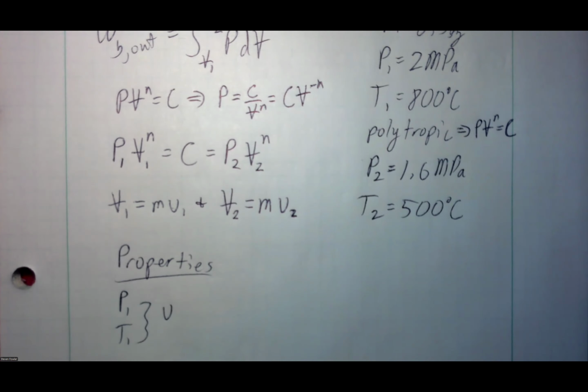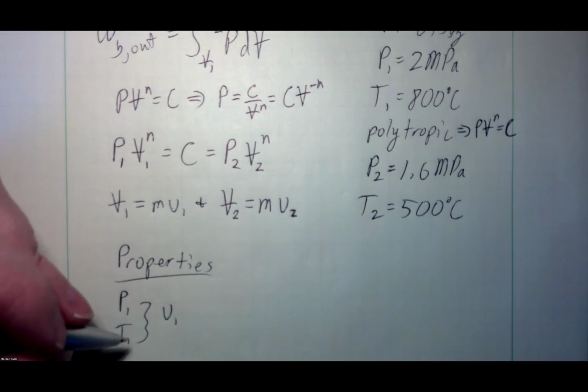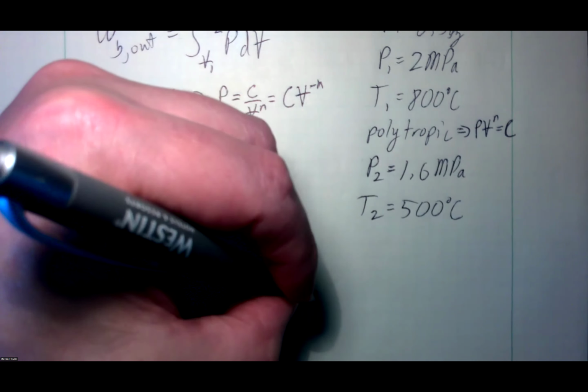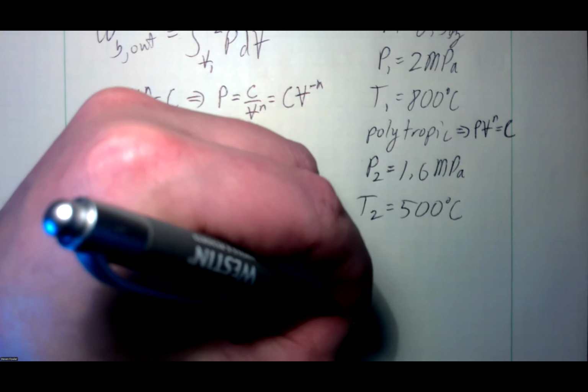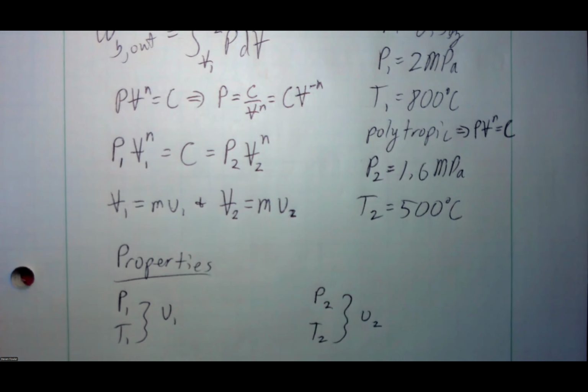So I need V1 based on P1 and T1. And I'm just going to write it over here: based on P2 and T2, I need V2. Now, again, I'm hoping you have learned how to use property tables at this point. If not, you really need to learn how to use property tables.